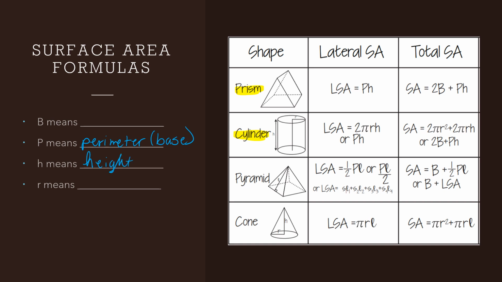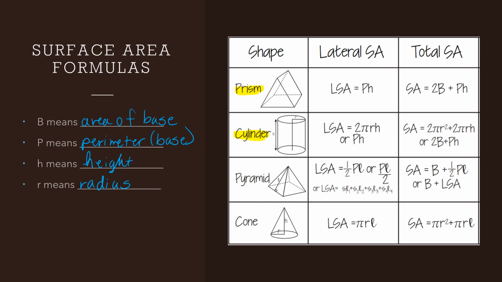So either your prism, your cylinder, pyramid, cone, it's all the same as far as the height. And then the big B stands for area of your base. And then the last one, you know what R means, that's your radius. That doesn't change.